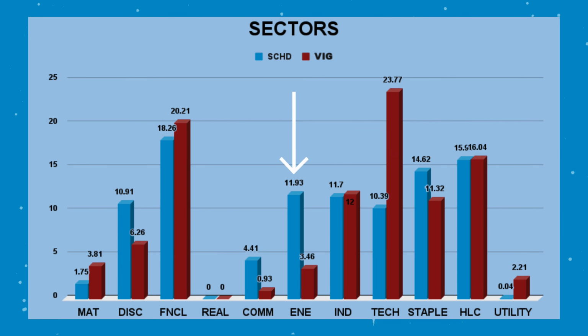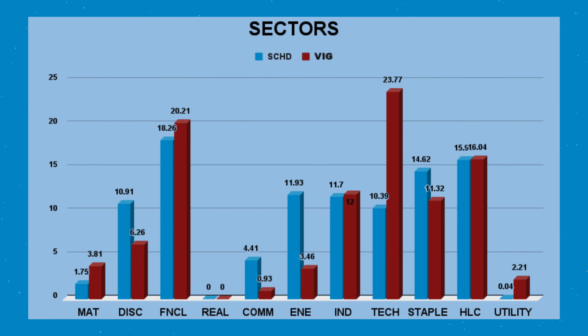VIG places more weight on technology at 23.77%, which is significantly higher than SCHD, which showcases VIG's growth orientation. Financials comes in at 20.21%, followed by healthcare at 16.04%.